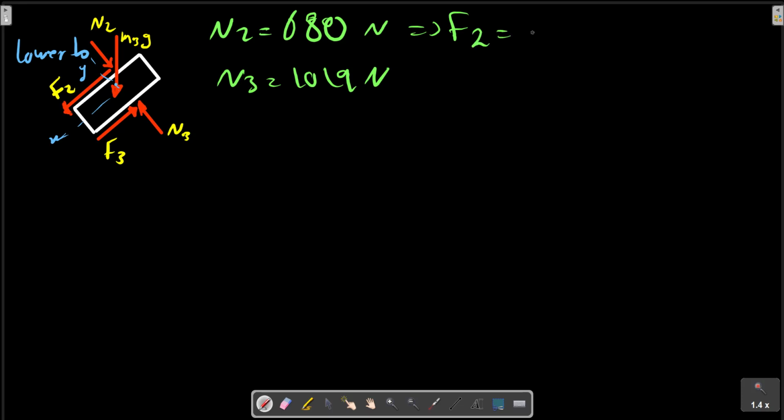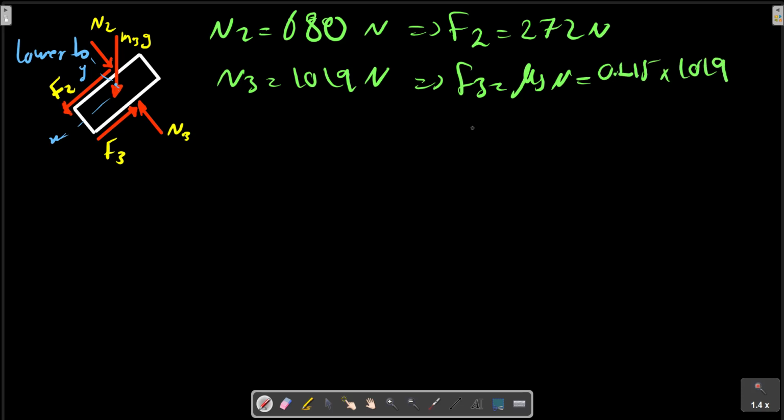F2 between the upper and lower block is 4500 multiplied by the coefficient. Now we can check the result.